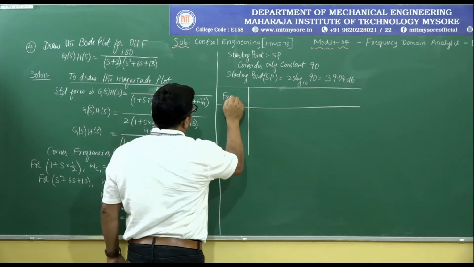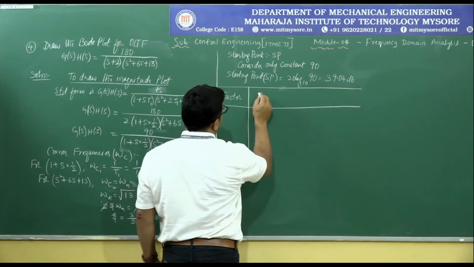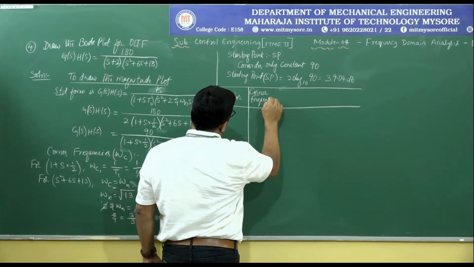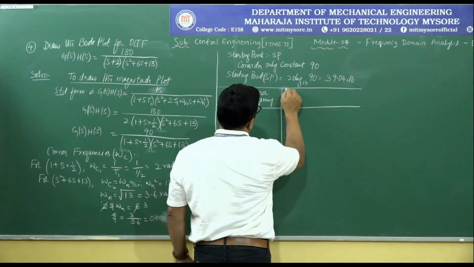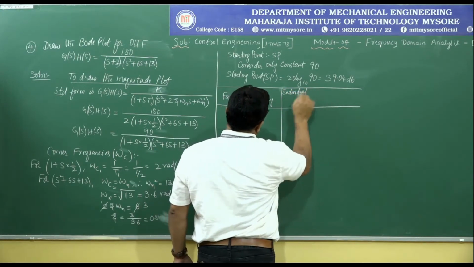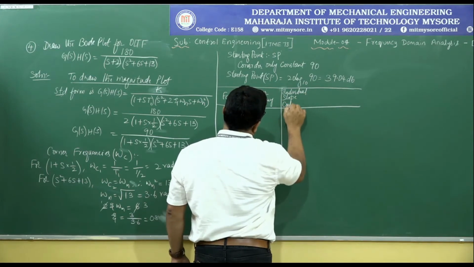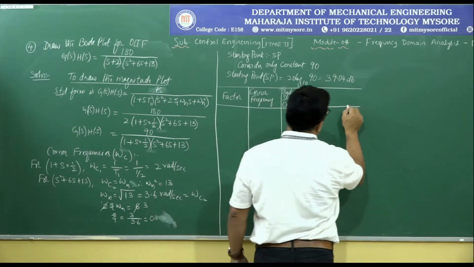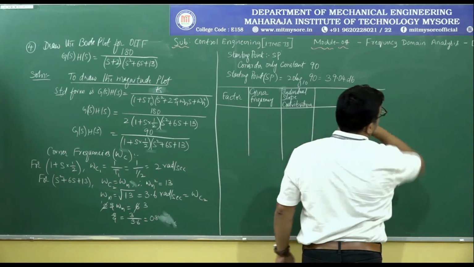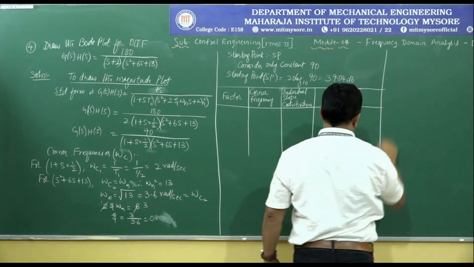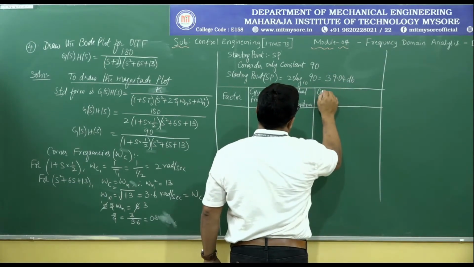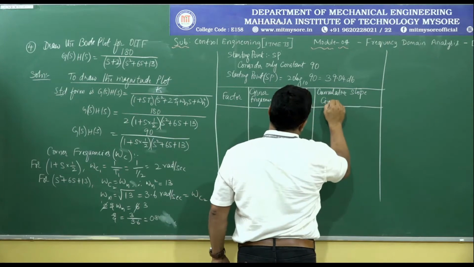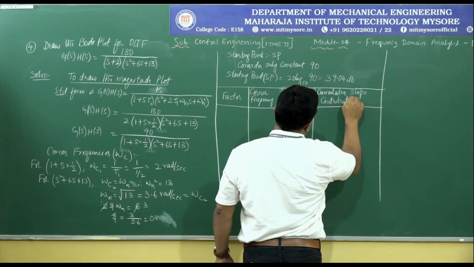The table will have the factor, then the corner frequency, then individual slope contributions, then cumulative slope contributions.